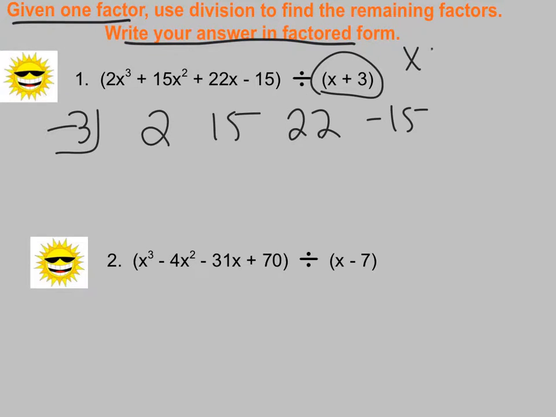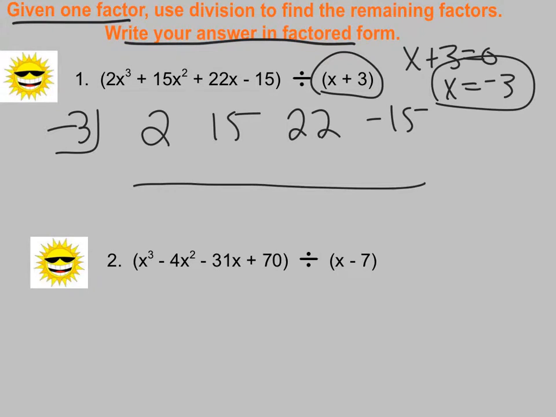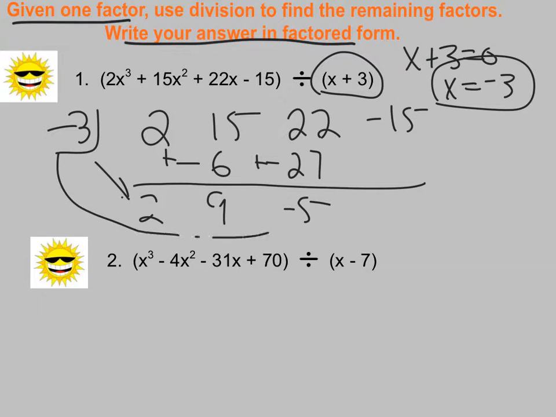Remember, set that equal to 0 and solve it, x equals negative 3. So drop, multiply, add. So that's going to be 9. Multiply, add. So it would be negative 5. Multiply, add, it's going to be 0.